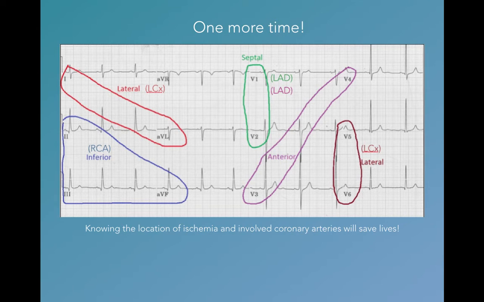So 1, AVL, V5, and V6 are all left lateral, so that's going to be the left circumflex. 2, 3, AVF are all inferior, so that's going to be the right coronary artery, which supplies the apex of the heart. The LAD supplies both the septal regions and the anterior regions. So that's super important.